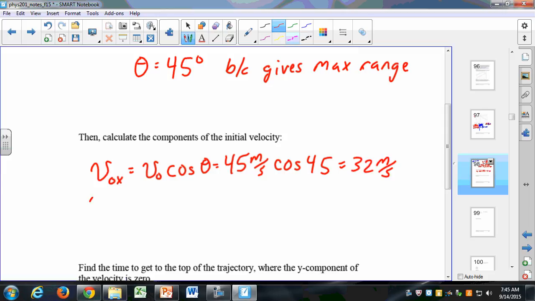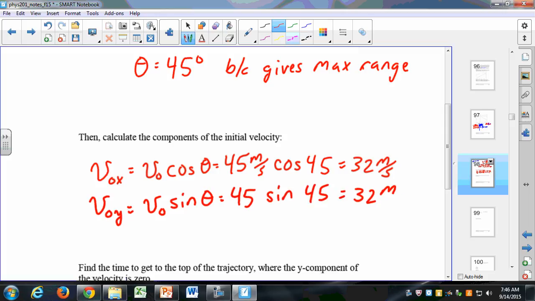And then your velocity in your y direction, v naught y, is going to be the same just because cosine and sine of 45 are the same. All right, so remember our velocity, it was like this. This was our v naught. But now we're breaking it into our two separate components, our v naught x and our v naught y.